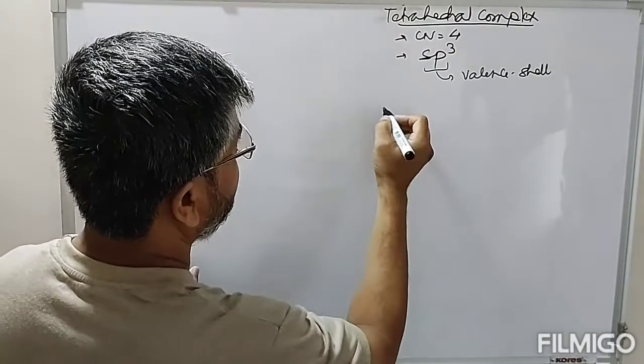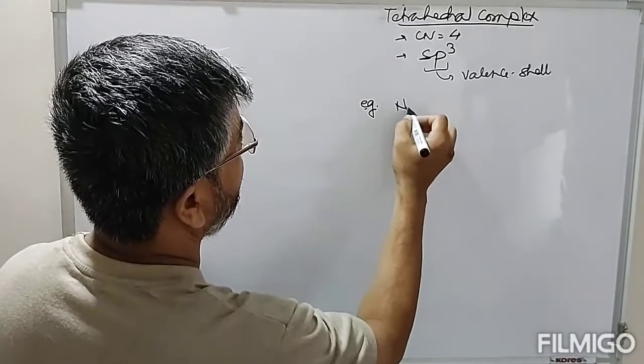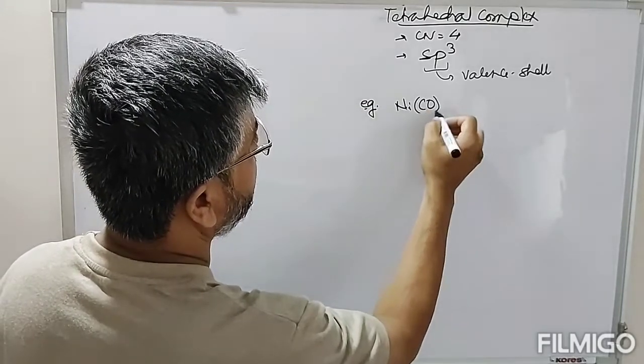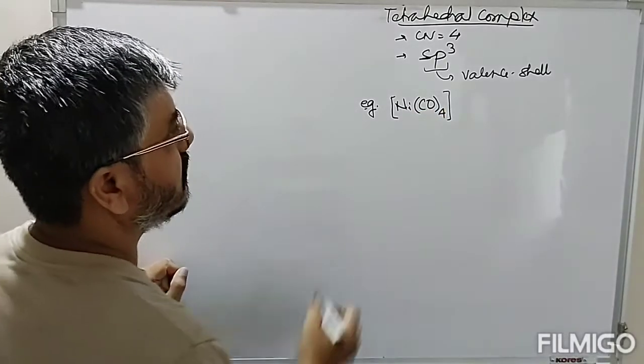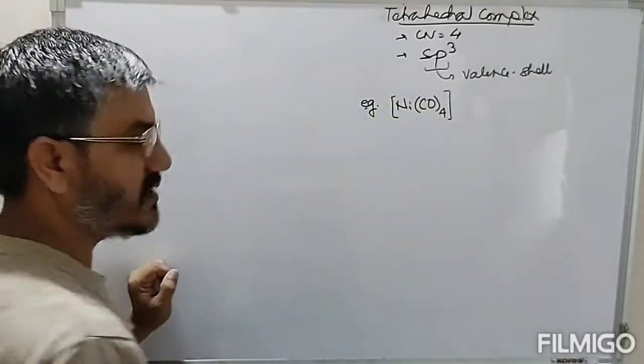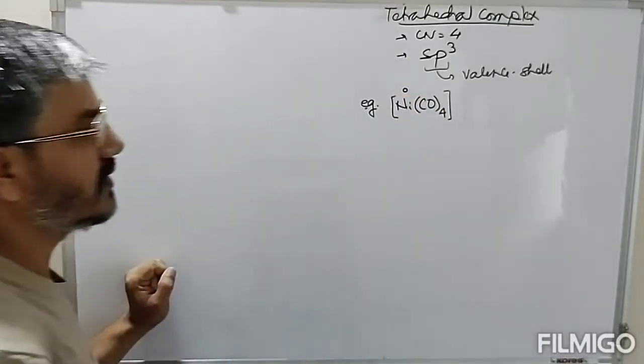Now take this example, nickel tetracarbonyl. Carbon monoxide is a neutral ligand, so the oxidation state of nickel is 0.